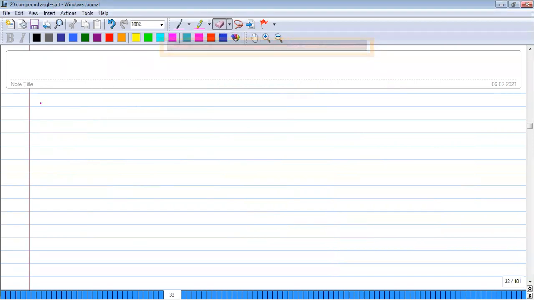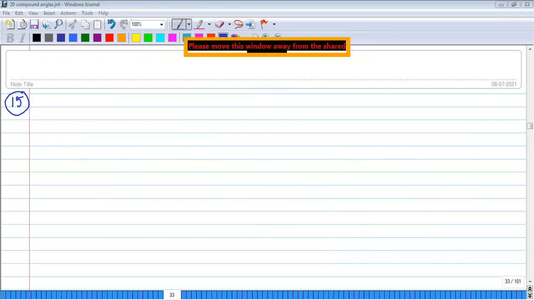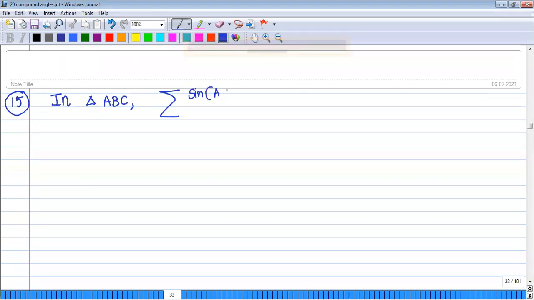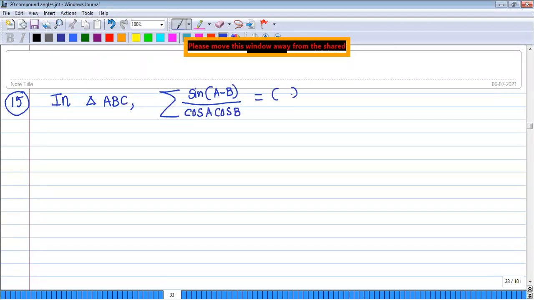So now the 15th question. In triangle ABC, sigma sine of A minus B upon cos A cos B equals to: first option 1, second option 2, third option 0, fourth option 1 upon 2.